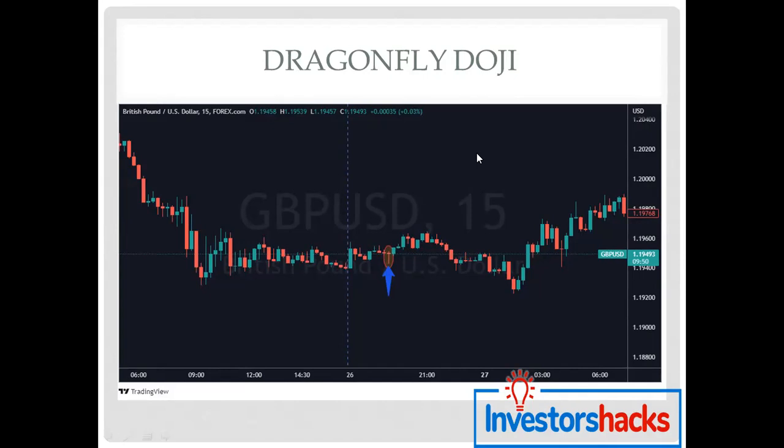So these types of candlesticks, the dojis, are very powerful, and you cannot afford not to know how to trade them, because they give a lot of critical information.